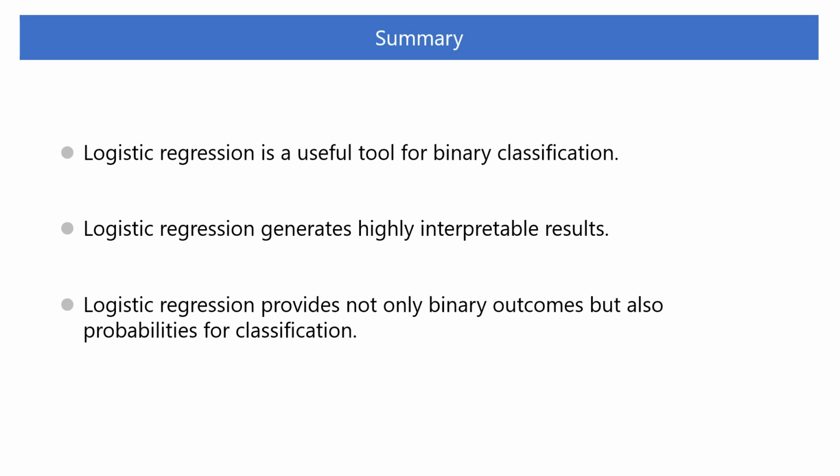Then, if the probability of an observation is above the threshold, the logistic regression model classifies the observation as a positive case. Logistic regression is a powerful tool because it generates highly interpretable results. It provides not only binary outcomes, but also probabilities for classification, enabling us to make informed decisions, especially when the distinction between classes is ambiguous.